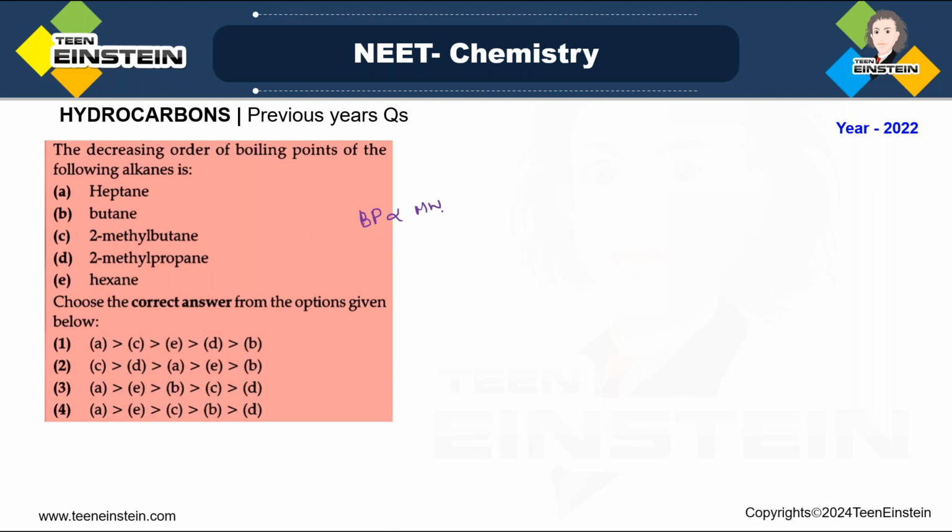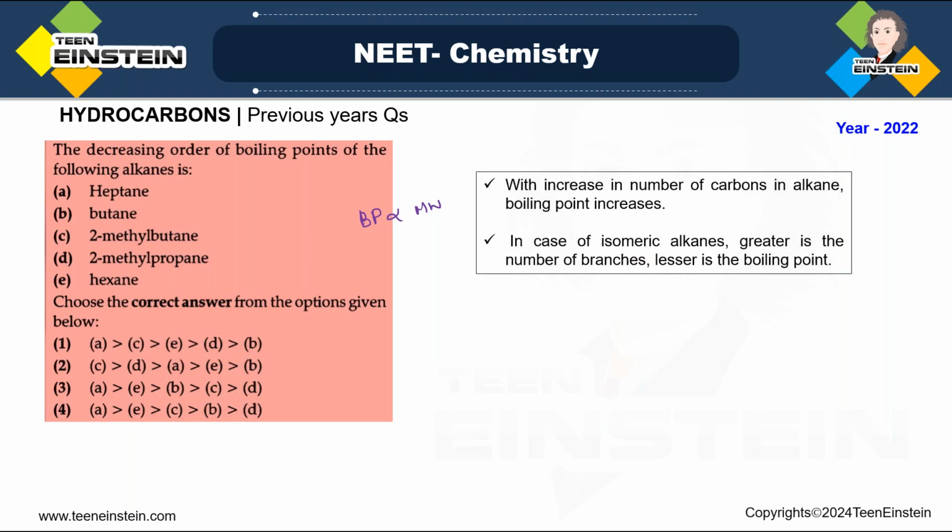Now when you have the same number of carbon, another factor you have to take care of is whether branching is present or not. So first, with increase in carbon number the boiling point increases, and in case of isomeric alkanes, that means when carbon number is the same, greater is the branching, lesser is the boiling point. So branching and boiling point are inversely related. Now come to the question.